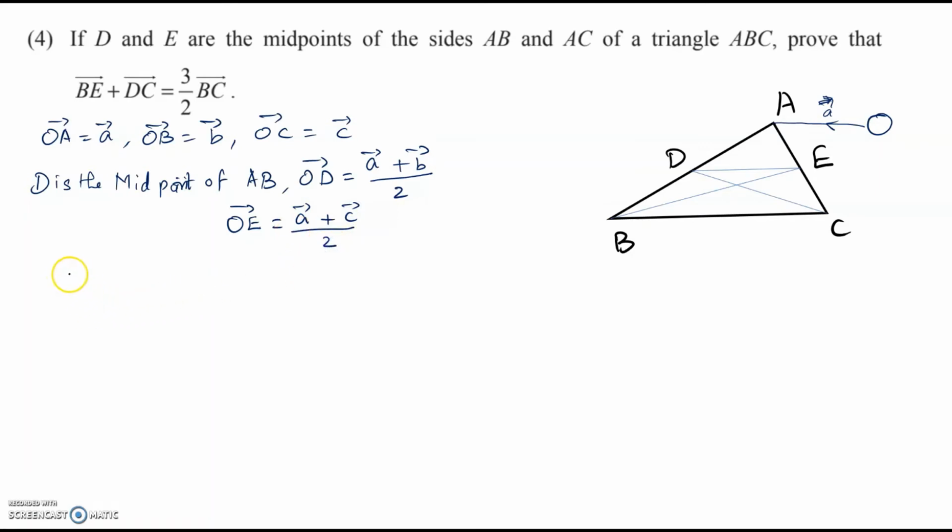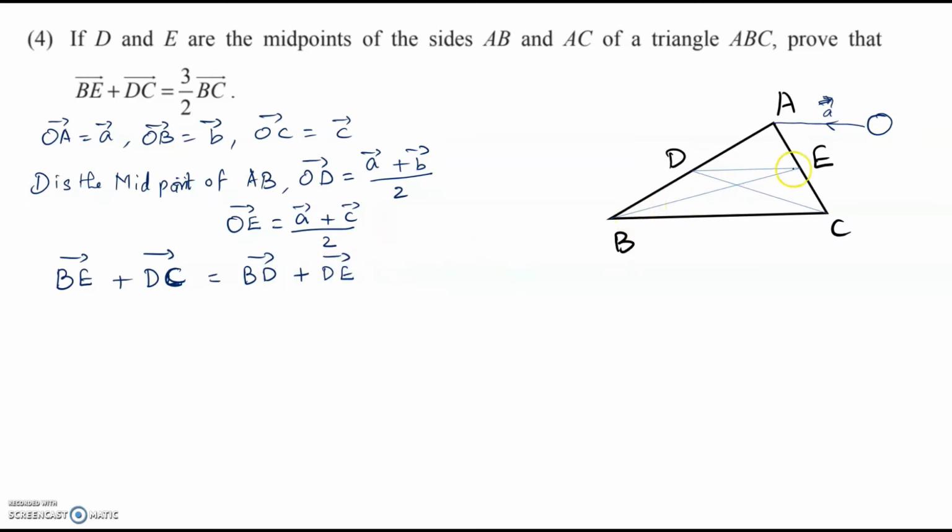Okay, so next we need to find vector BE plus vector DC. Now you can define vector BE as vector BD plus vector DE.